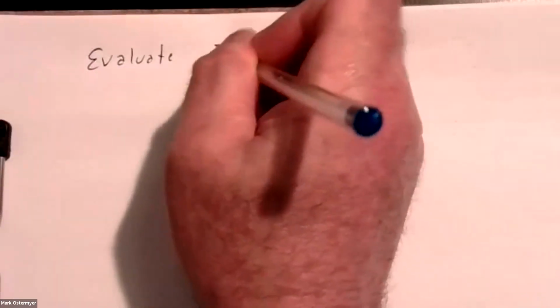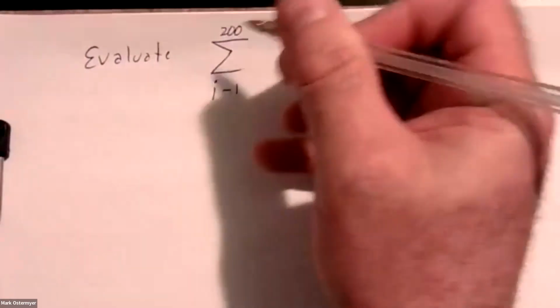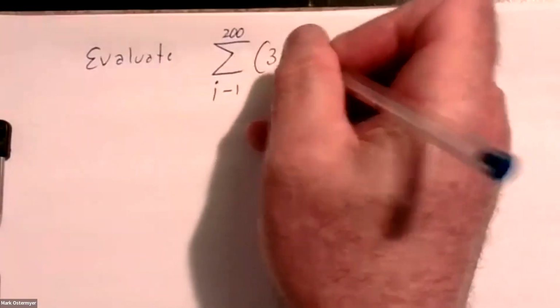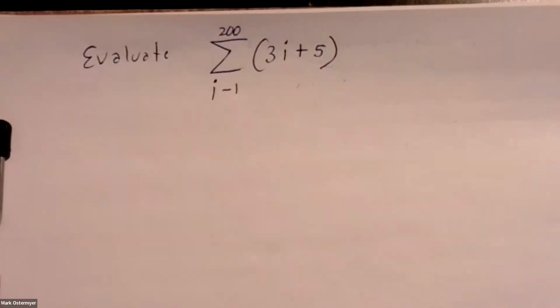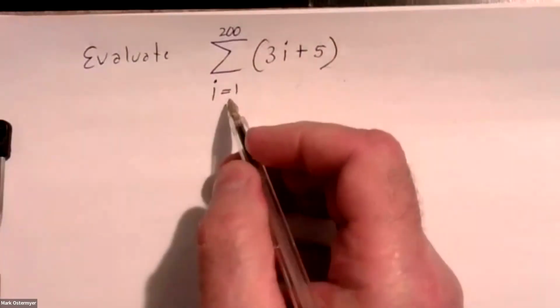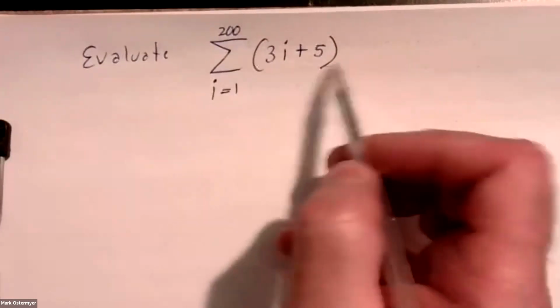All right, let's try to evaluate this summation here. To evaluate this summation, I want to add together the first 200 terms of this sequence.